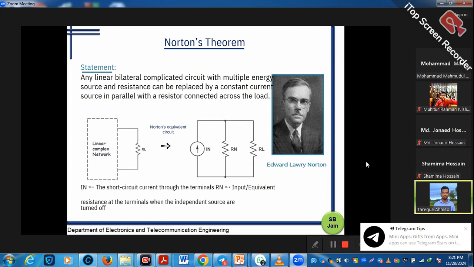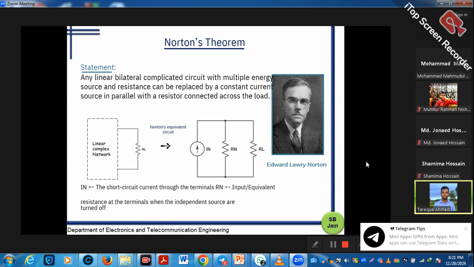Statement: any linear bilateral complicated circuit with multiple energy sources and resistance can be replaced by a constant current source in parallel with a resistor connected across the load.